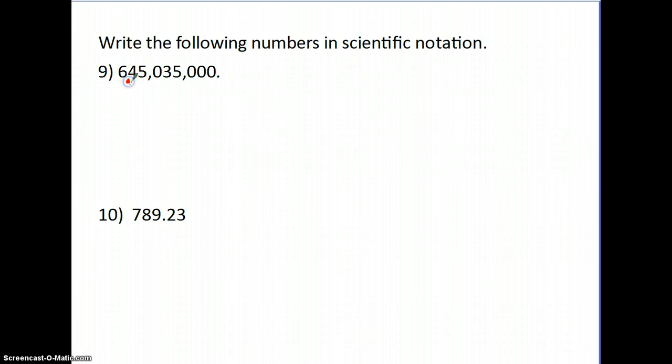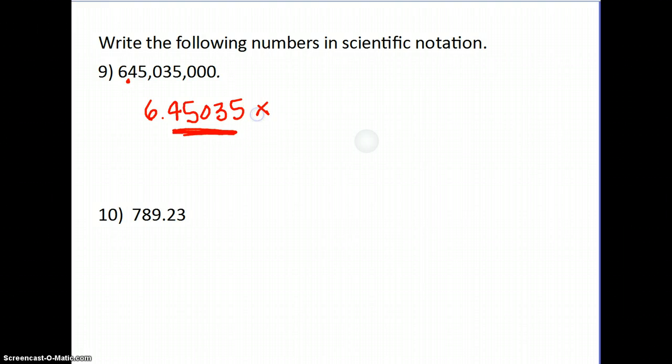So I know that my decimal needs to go between the 6 and the 4, because the number in scientific notation has to be between 1 and 10. Okay, so I write my number as 6.45035. I cannot forget this part. This is still part of the number. 6.45035 is still between 1 and 10.